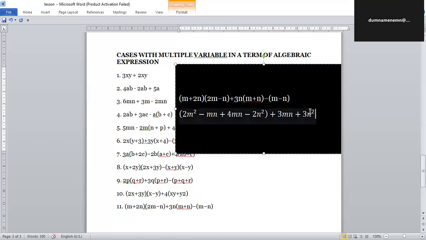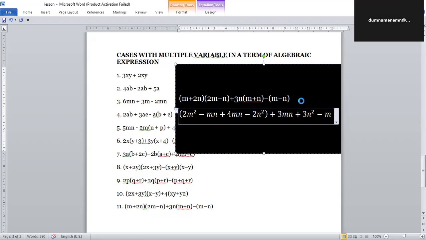All right, so let's do the last one. Negative multiply m, I'm going to have negative m. Now, remember, negative multiply negative is going to be positive. So negative negative, I'm having positive n.